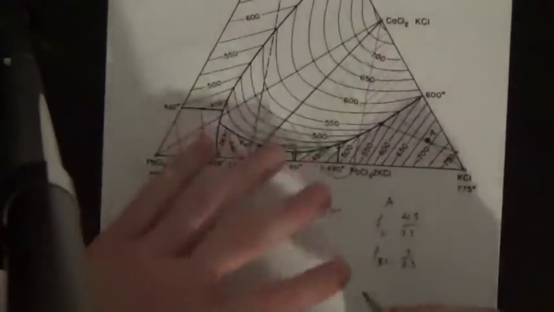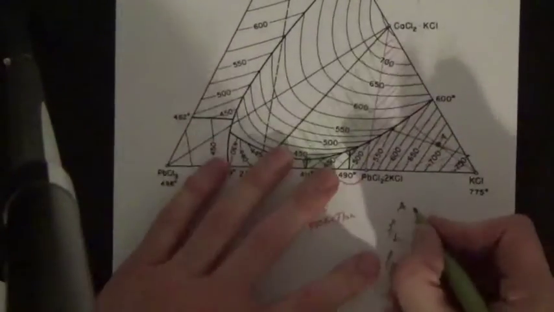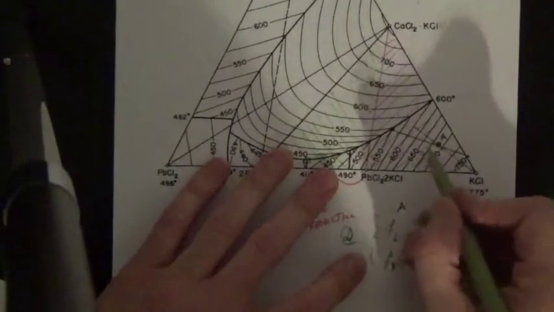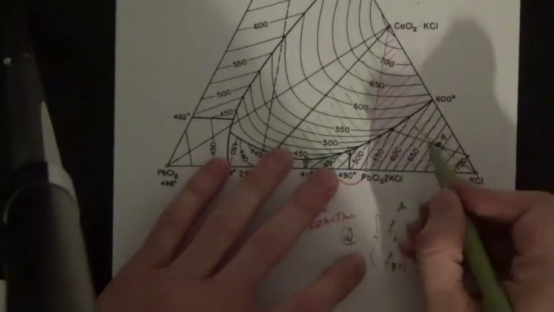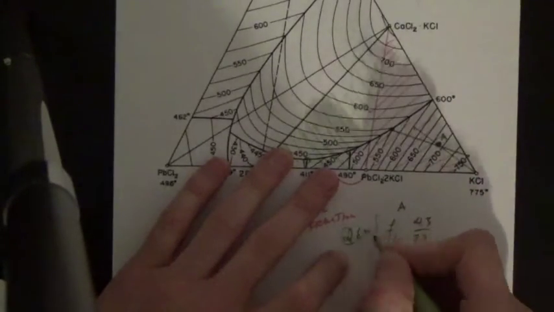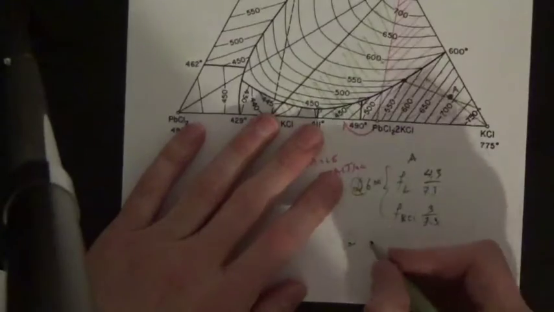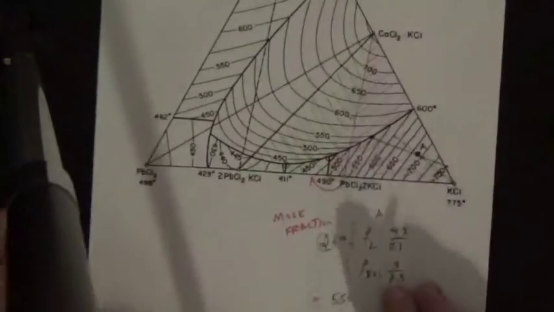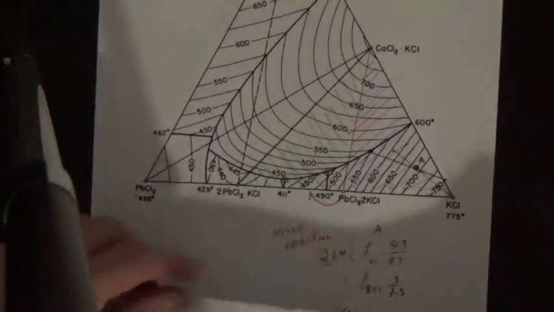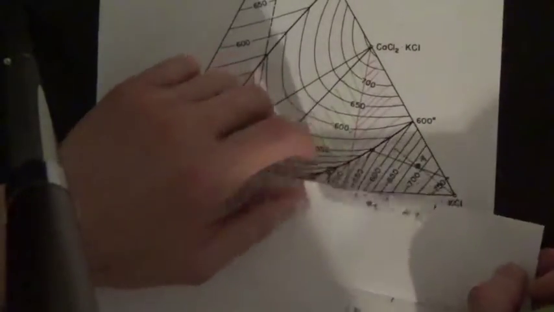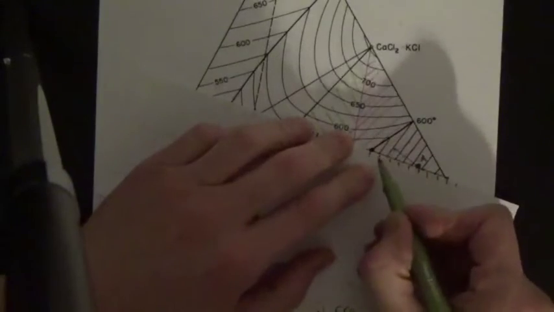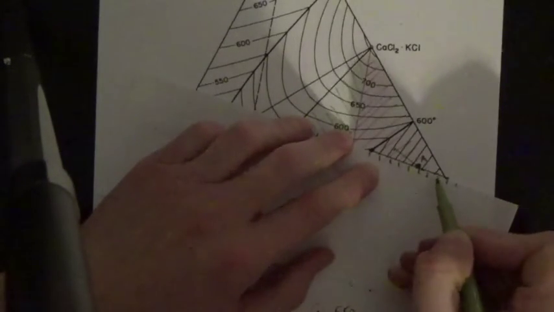At 600, at 550, we have a total line length of 1, 2, 3, 4, 5, 6, 7, 8.